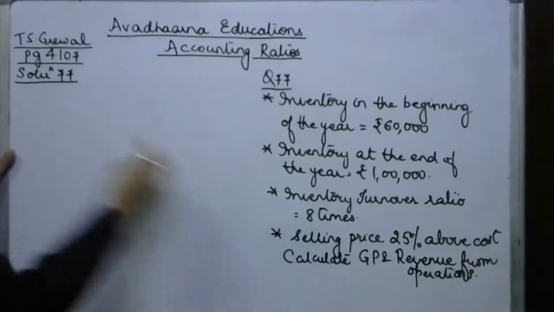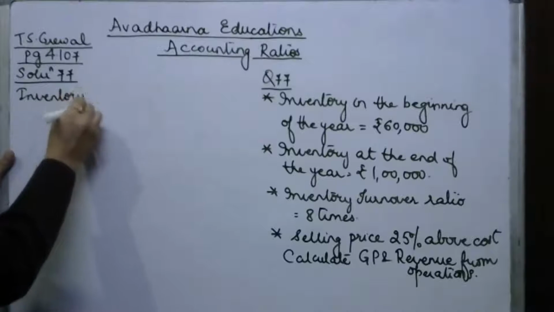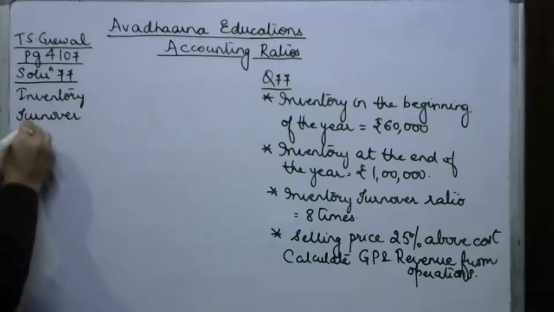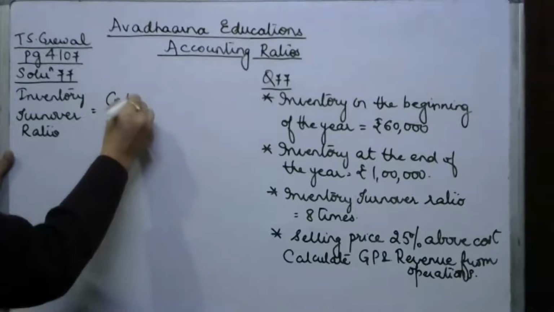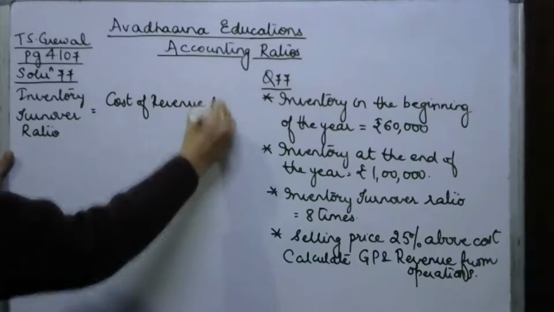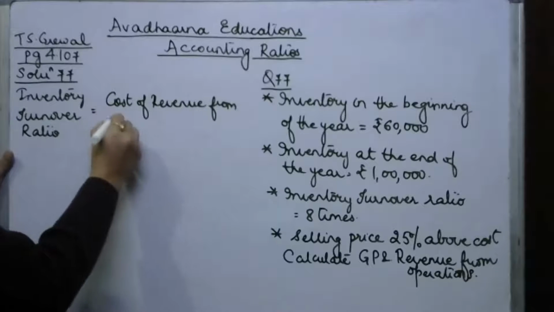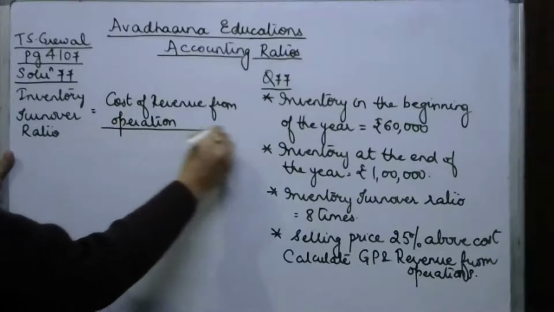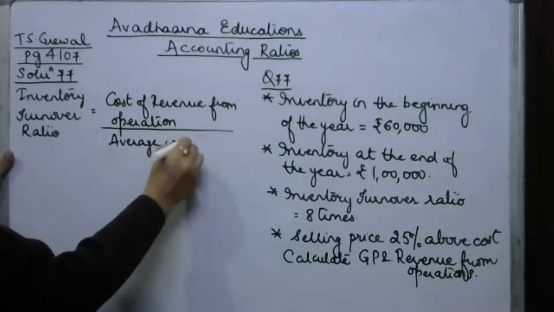Now we know that the formula for calculating inventory turnover ratio is cost of revenue from operations, which is nothing but cost of goods sold, upon average inventory.